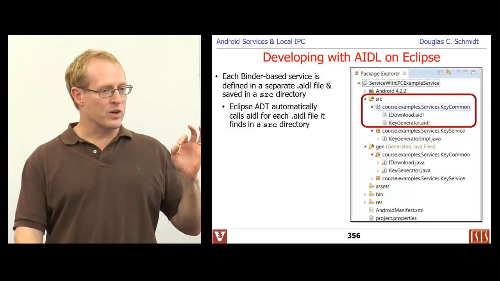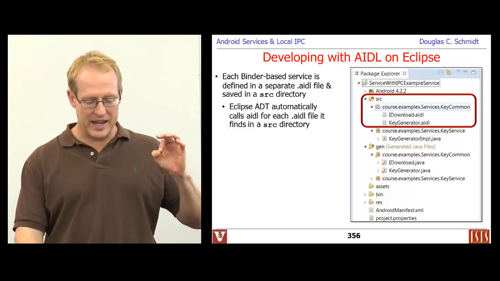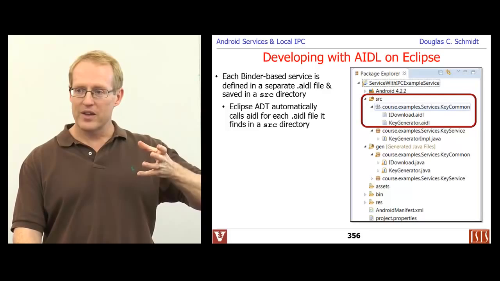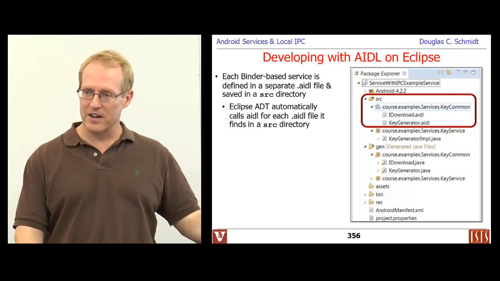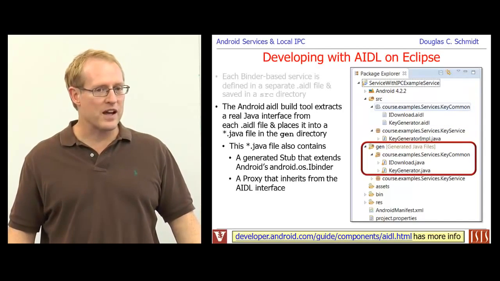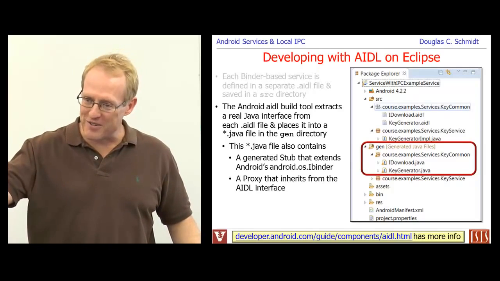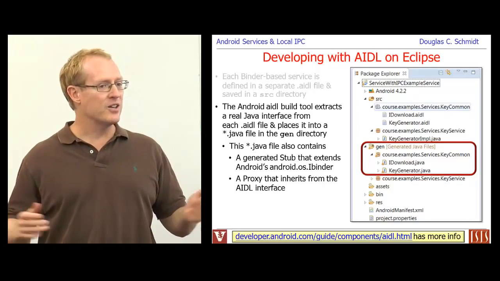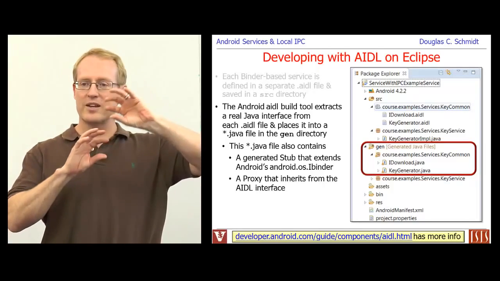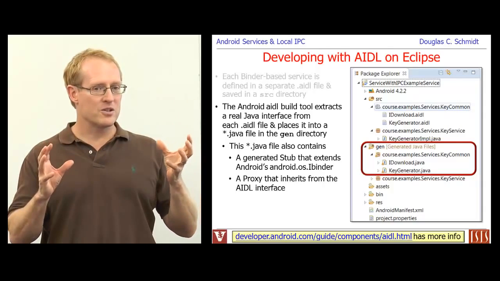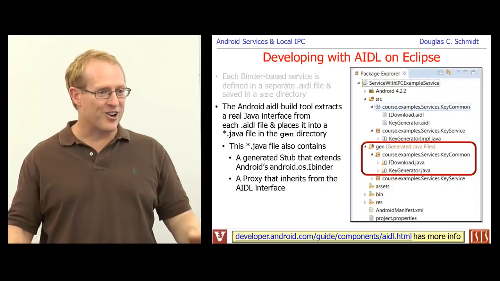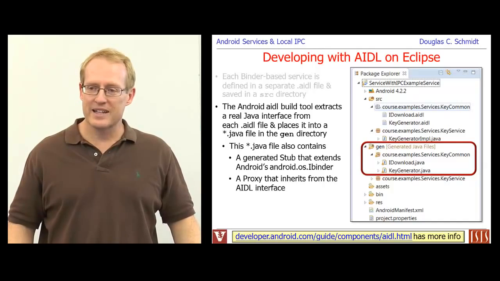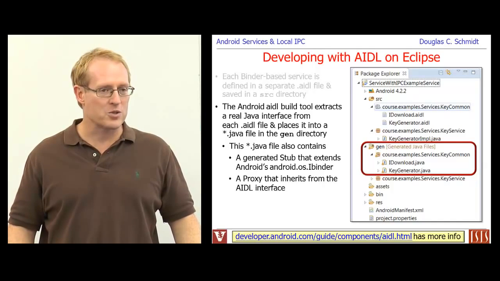And so what Eclipse will then do is automatically compile every .aidl file it finds in the source directory. And it sticks those files, which are converted into Java files, in the gen directory. So source and gen are basically peers. They're siblings at the same level of the directory hierarchy of Eclipse, and the way that packages and projects work and so on.